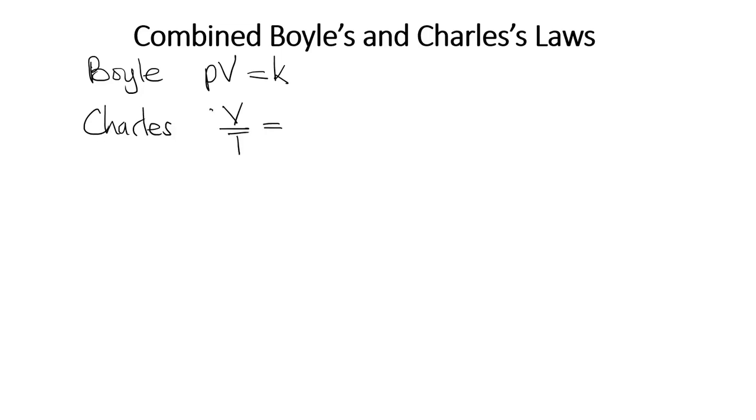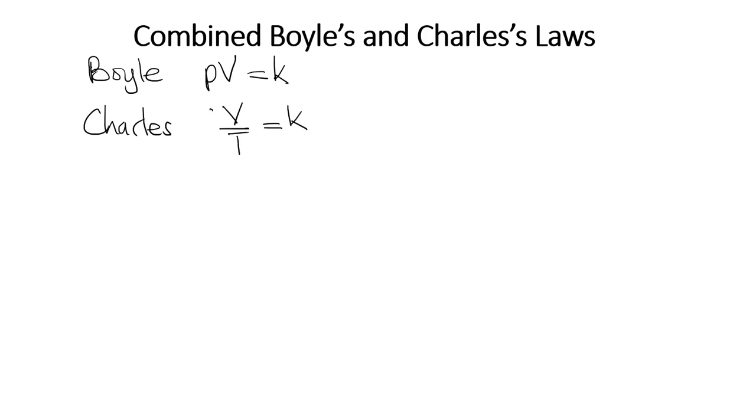We can combine Charles' law and Boyle's law and make them a single law that we call combined gas law, or combined Boyle's and Charles gas law. So let's look at Boyle's law. Boyle says PV is equal to constant. Charles says V over T is equal to constant.